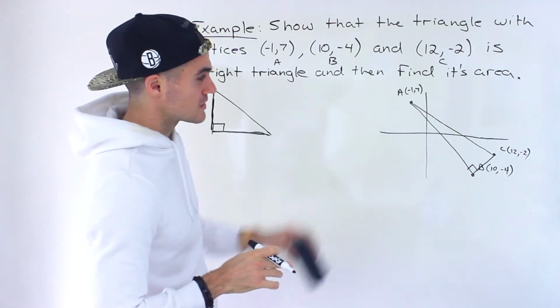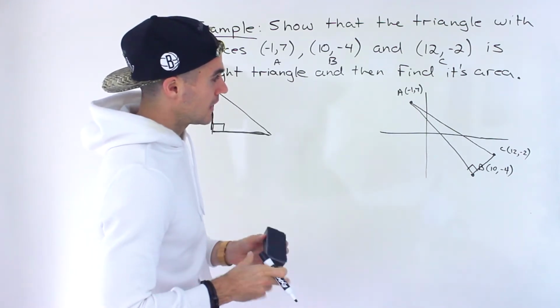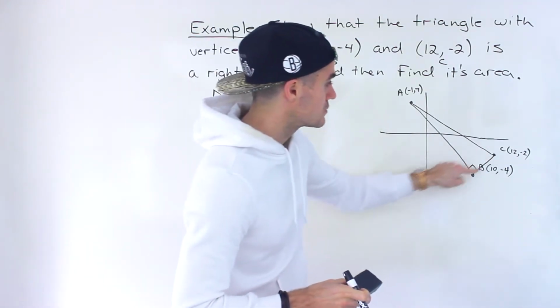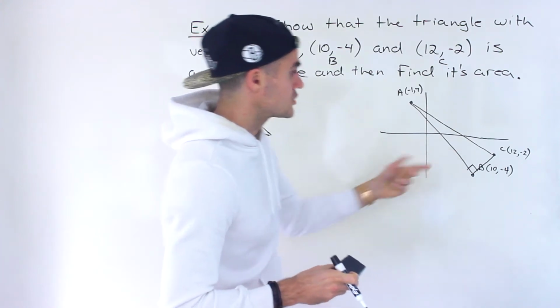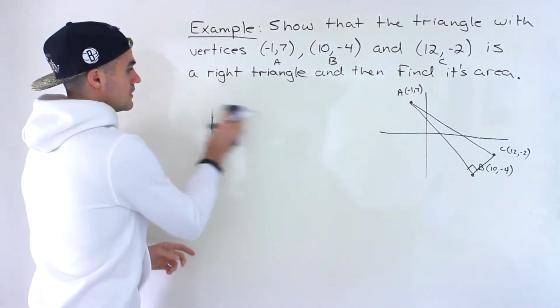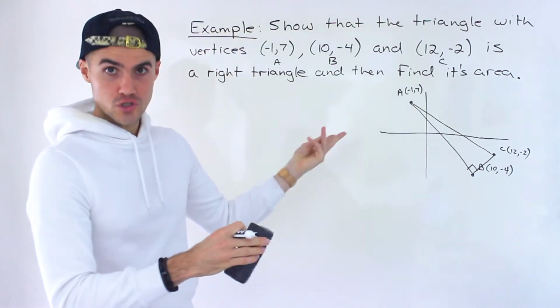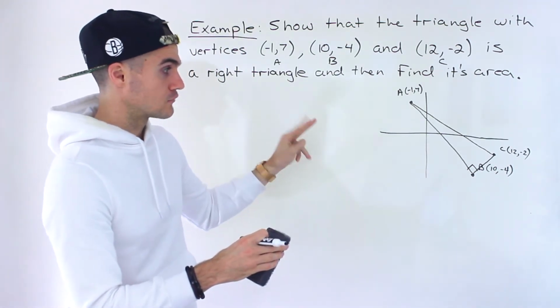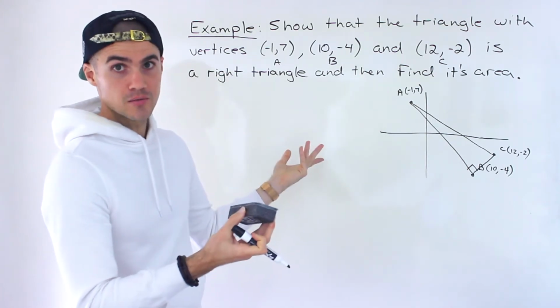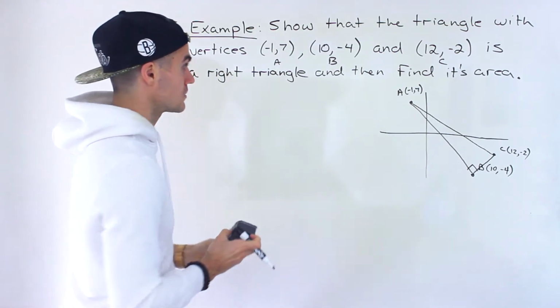But if you're making a rough drawing, sometimes it's hard to tell, but I'm going to predict that it's going to be these two lines over here. And actually that might save you time. So instead of finding all the slopes, if the first two slopes that you find are negative reciprocals of each other, then you know it's going to be a right angle triangle. So let's start off with that.